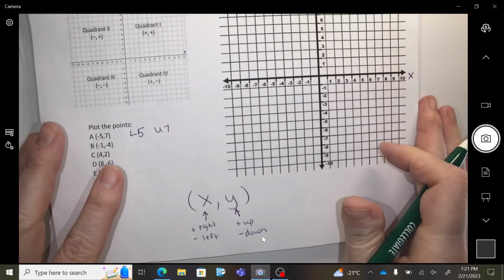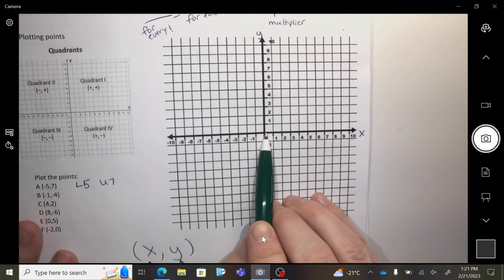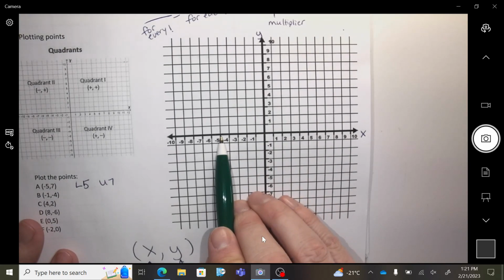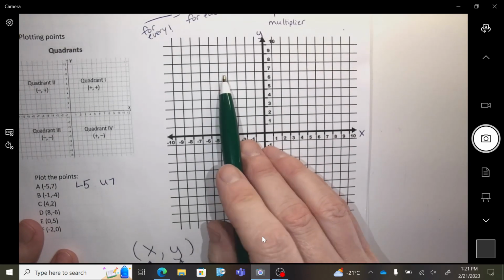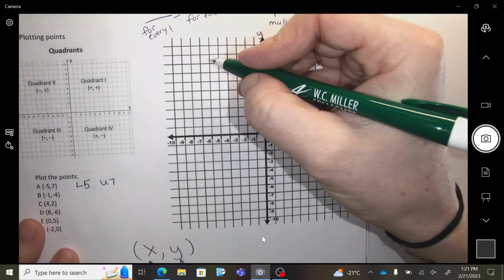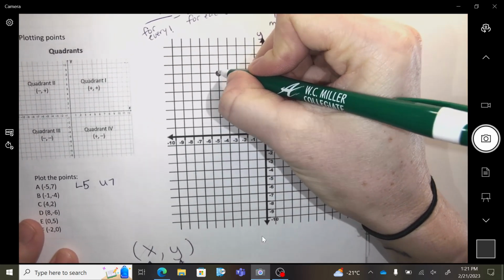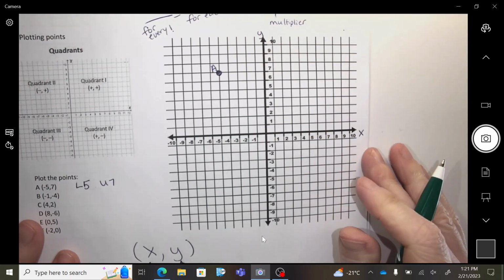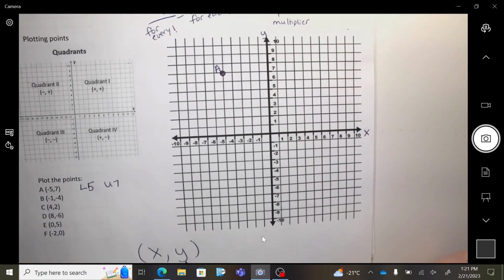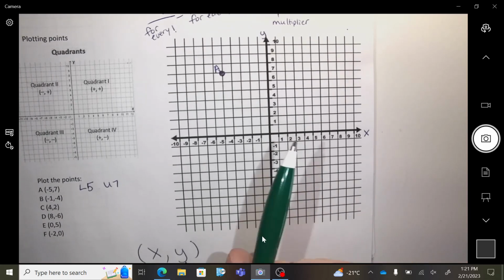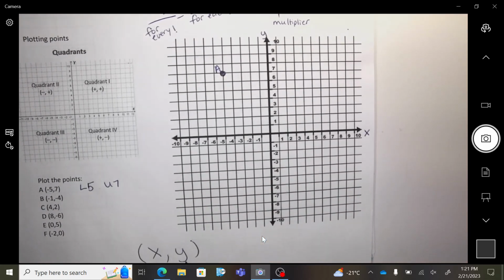Up 7. Okay, so from the middle, you're going to have to move left 5, up 7. And then that's where you're going to put the coordinate A. Does that make sense where I'm going with that? Left 5, up 7. And there you are.